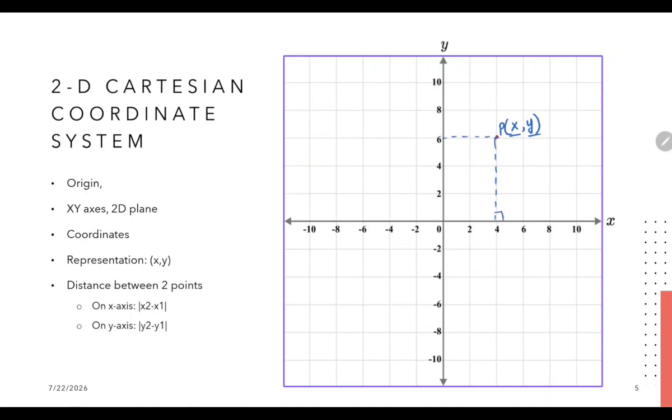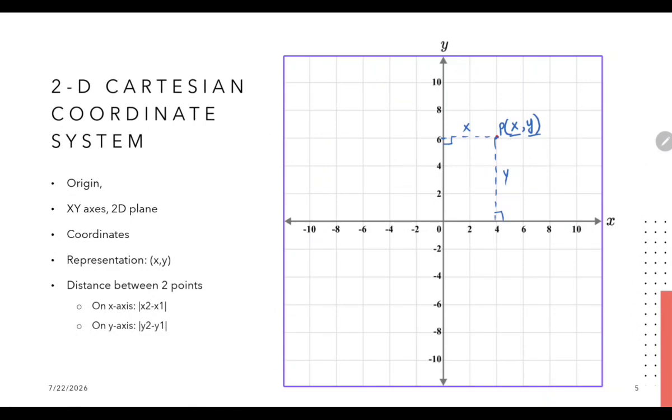Okay, this is perpendicular projection. Now this x is the x distance of this point from y axis, and this y is the y coordinate, which is the distance from x axis. So this is how we represent a point in 2D space.